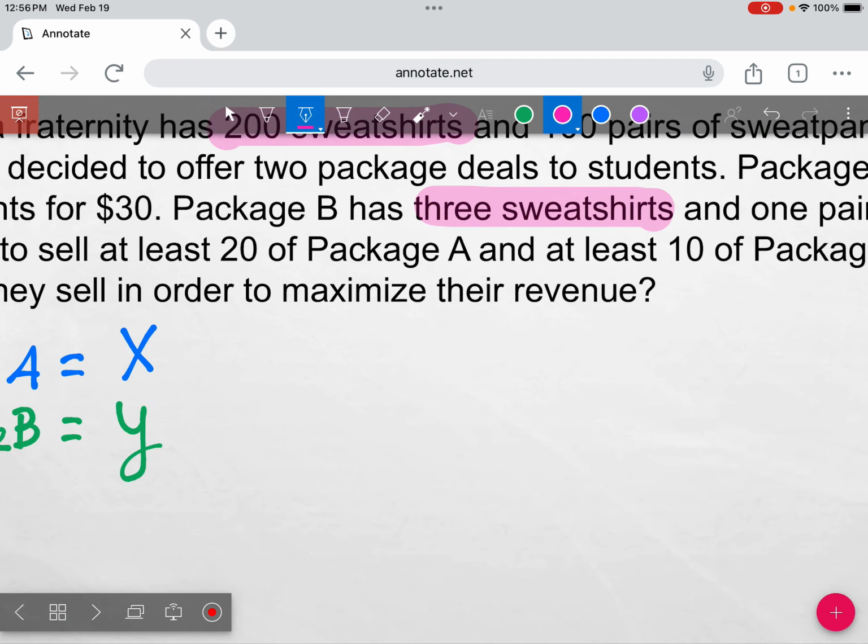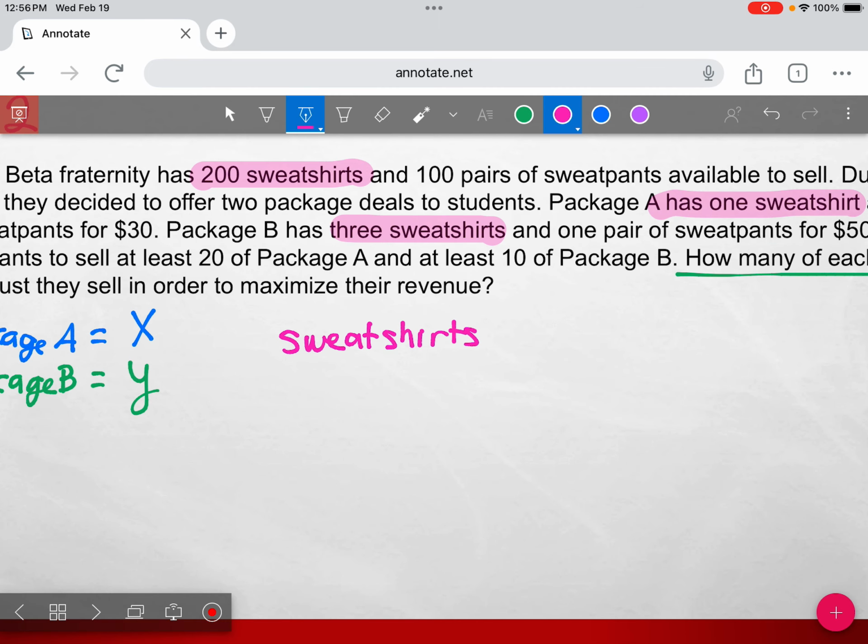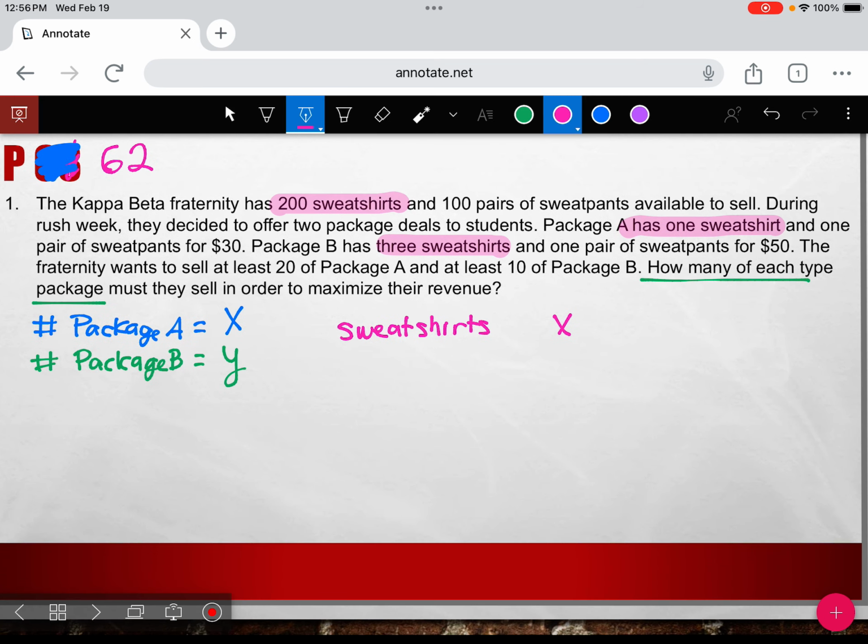If we look at sweatshirts, if we sell some number of package A, we usually sell X. We don't know how many it is. But we know package A has only 1 sweatshirt in it. So they get 1 sweatshirt and 1 pair of sweatpants. But all I care about right this time is my sweatshirt.